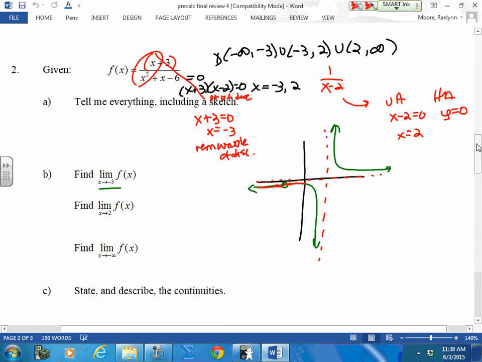I plug negative 3 into my reduced function, because I couldn't do it in the beginning. So I get 1 over negative 3 minus 2, which is negative 1/5. There's my limit. My point of discontinuity is negative 3, negative 1/5. If I could fill that little point in, that's what it would be. But my limit itself is just negative 1/5.